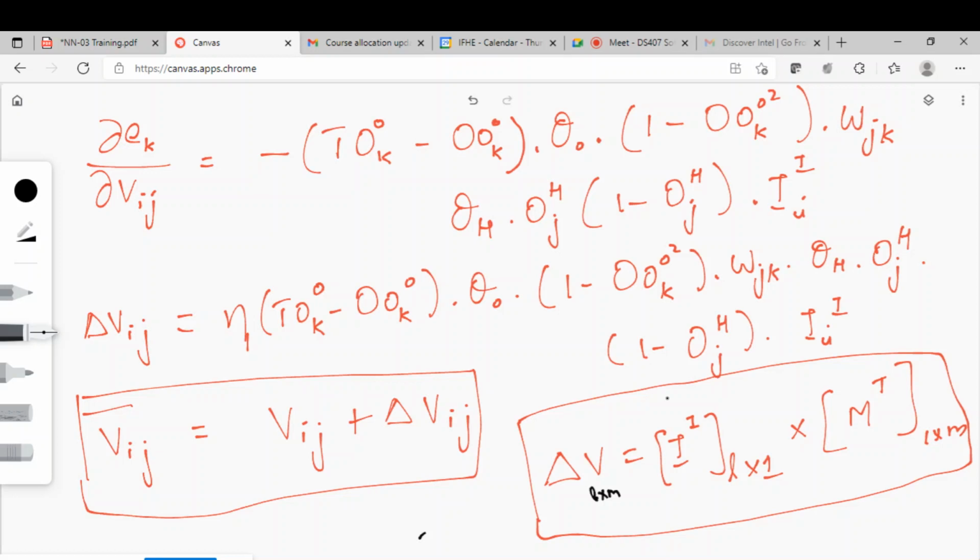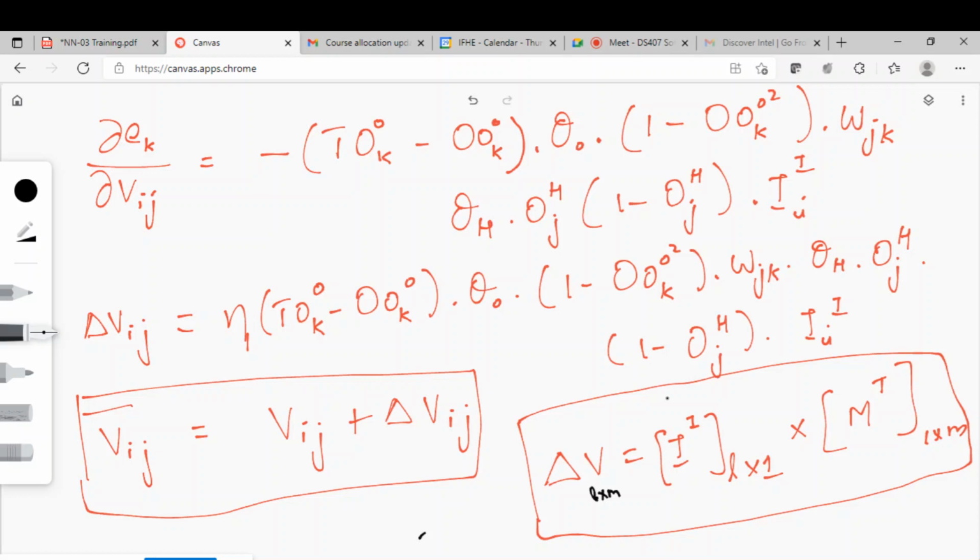It has L rows. It's a vector basically, a vertical one, with L rows and 1 column. In this equation, this part alone is this, and the remaining entire thing, you can consider it as the output of the hidden layer.